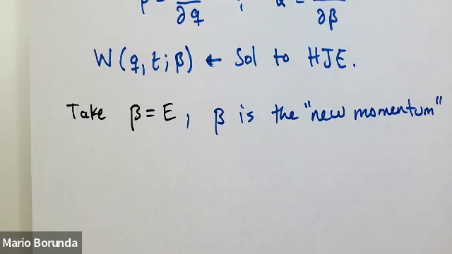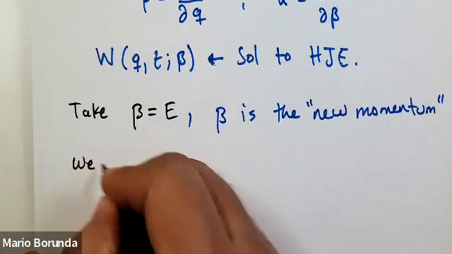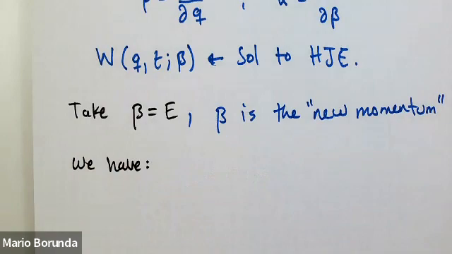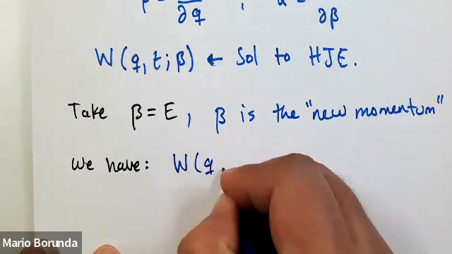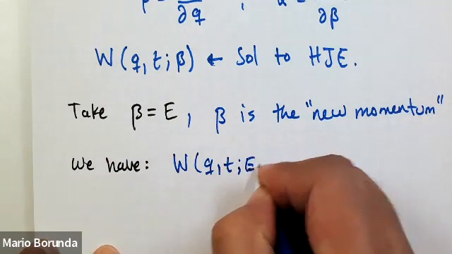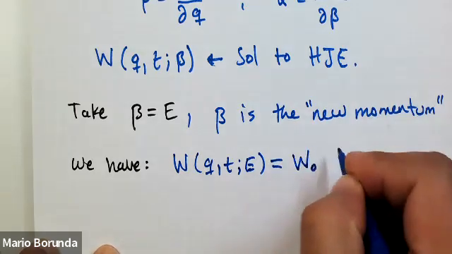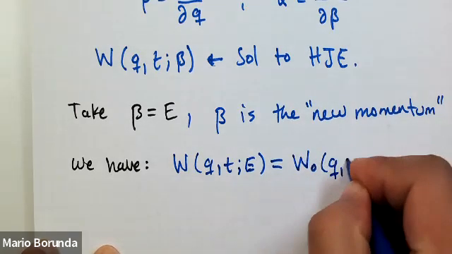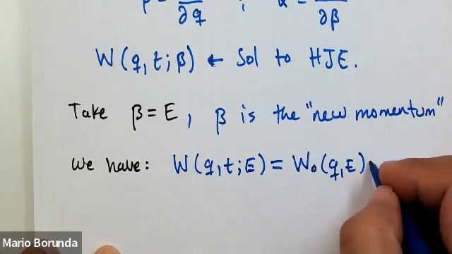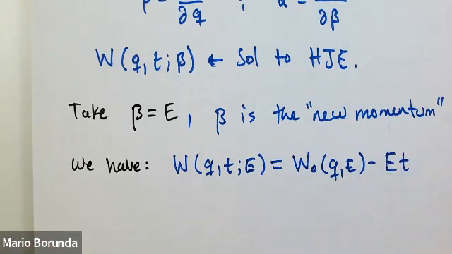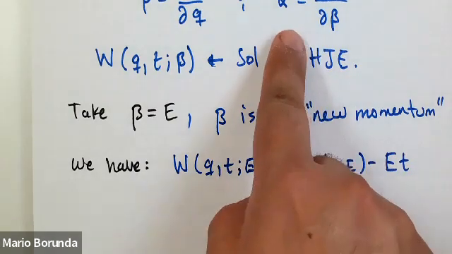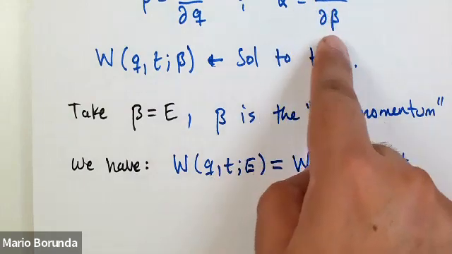We have that W, right? We have the W, which is the solution, Q, t, energy, is equal to some quantity W naught, minus energy times time. And we know that alpha is the derivative with respect to beta, right?